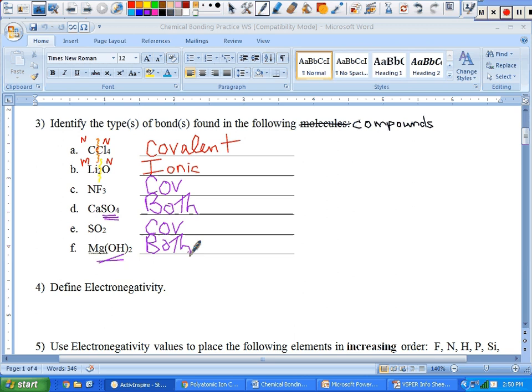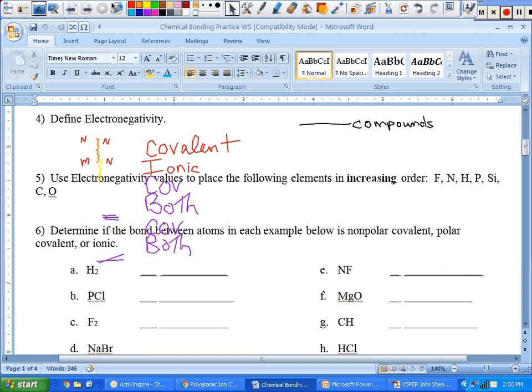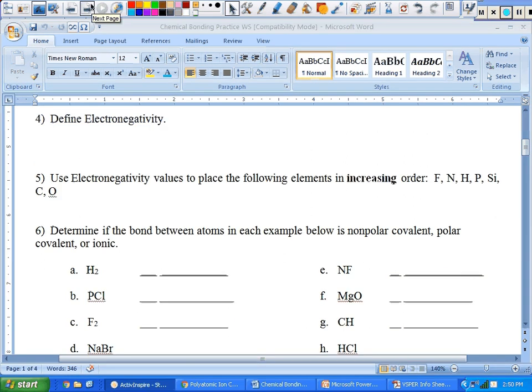Now, let's go down to 4. Does anyone remember the definition of electronegativity? It's exactly right. What is it?